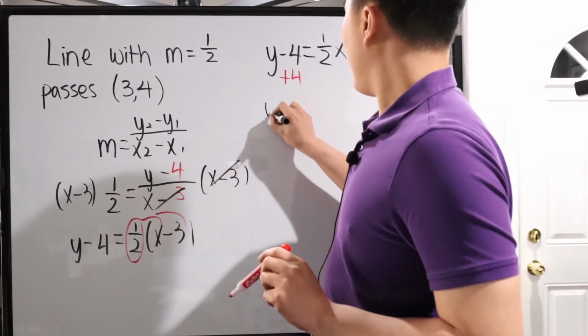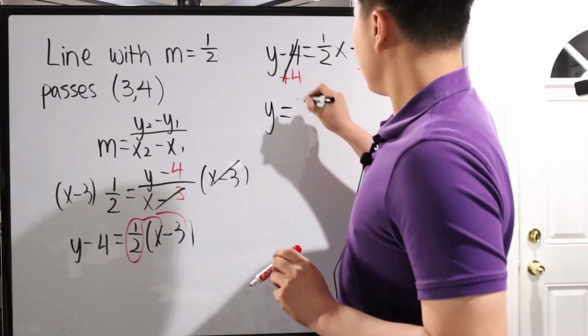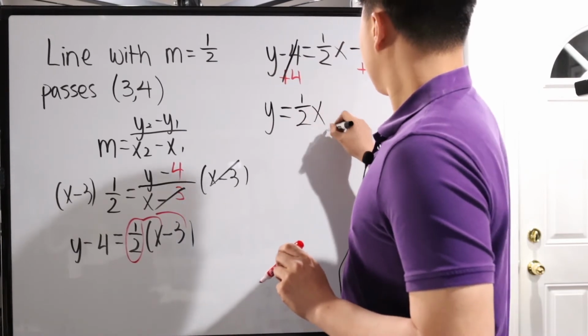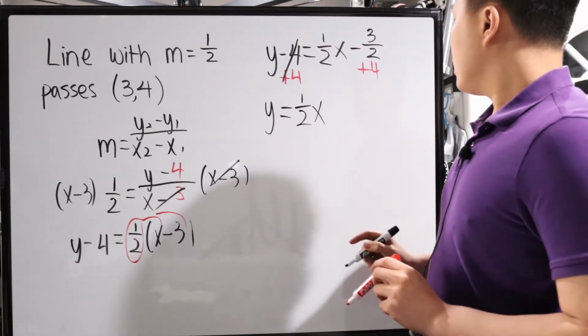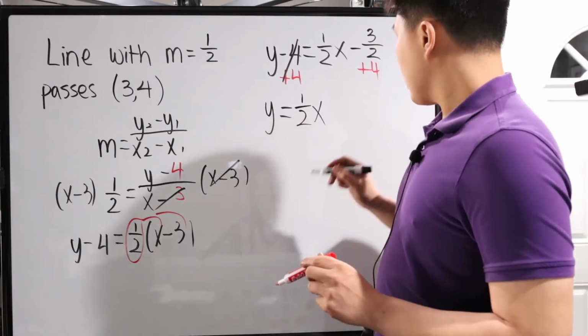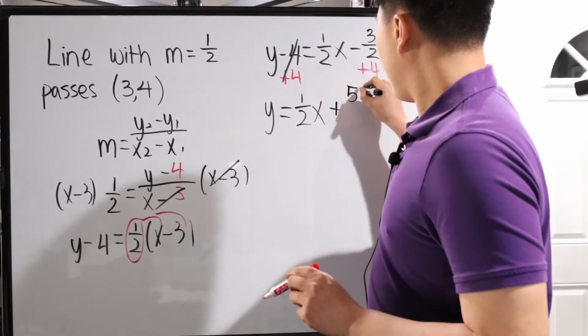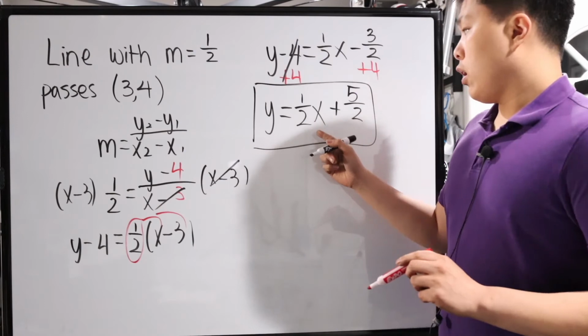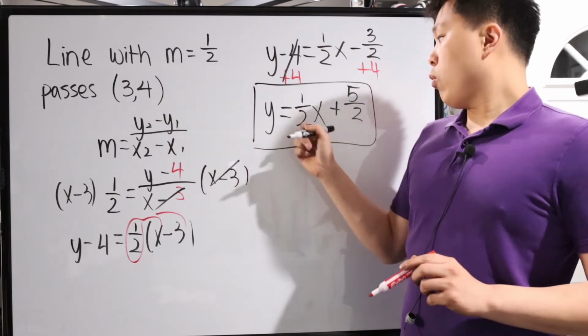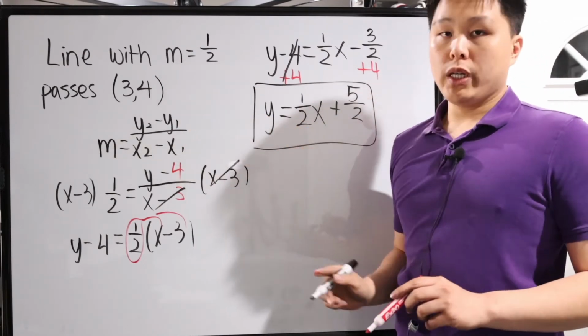So we have y equals, this cancels, 1/2 x, right? 4 is technically just 8 over 2, and this is going to subtract 3 over 2. So that's going to be what? Plus 5 over 2.